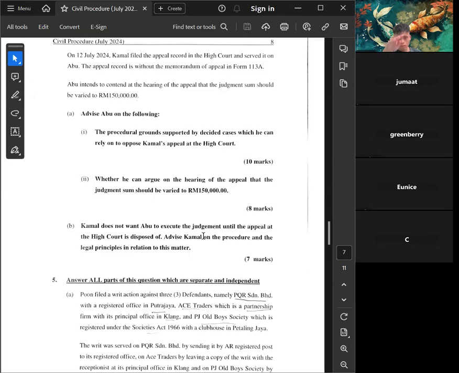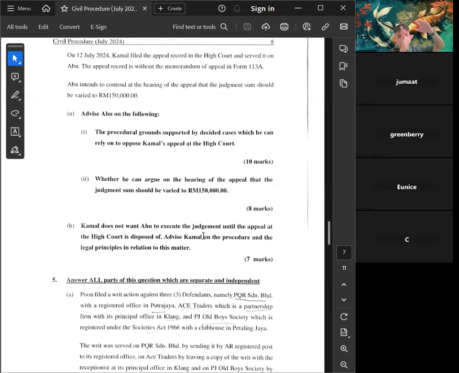Nevertheless, in the case of Dato Sri Si Tiao Guan, if I'm not mistaken, there is the nugatory principle, where a successful appeal will be rendered nugatory if the stay of execution is not granted.